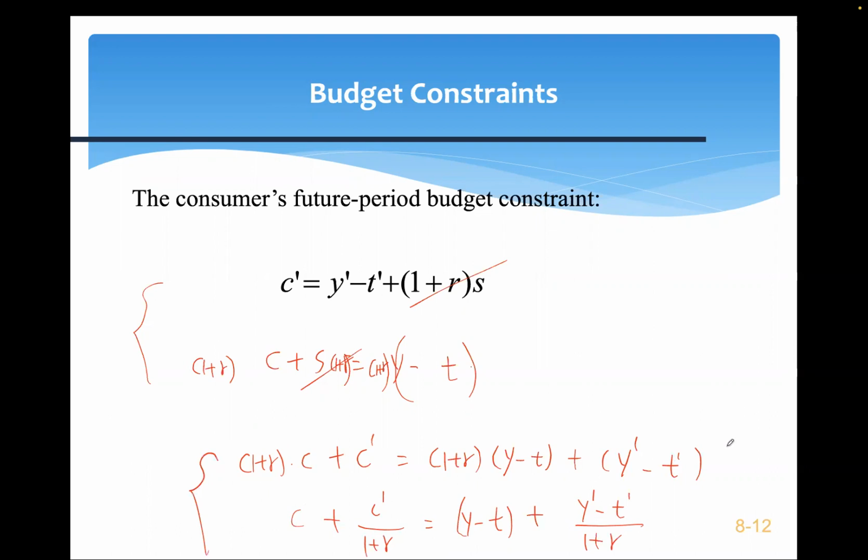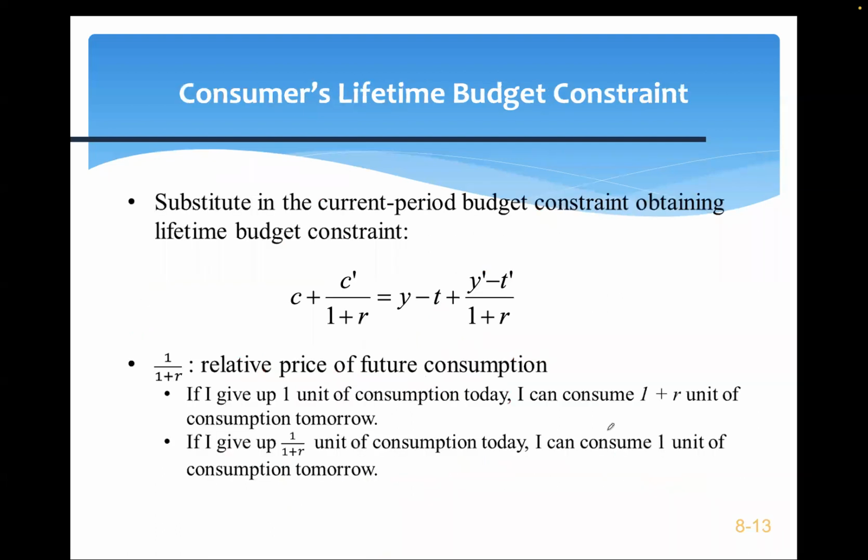How do we move from equation 1 to equation 2? We simply divide both sides by 1 plus R. That's how we get it, right? So now go to the next slide. Actually, we end up with this equation.